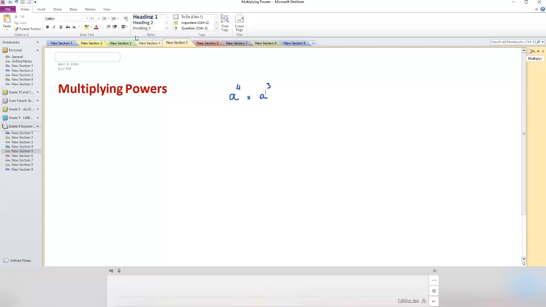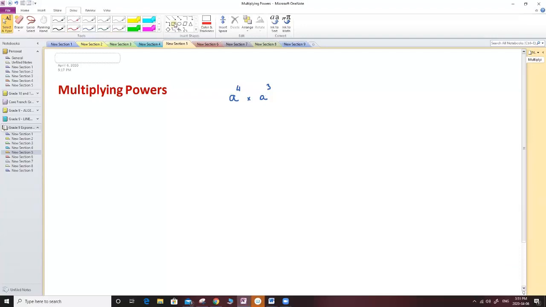For sure, if I am a student from grade 8, which means I didn't get any information about the exponent law, the way that I'm going to solve this problem is I'm going to break down the a exponent 4 to a times a times a times a, times the a exponent 3, which I'm going to break down to a times a times a.